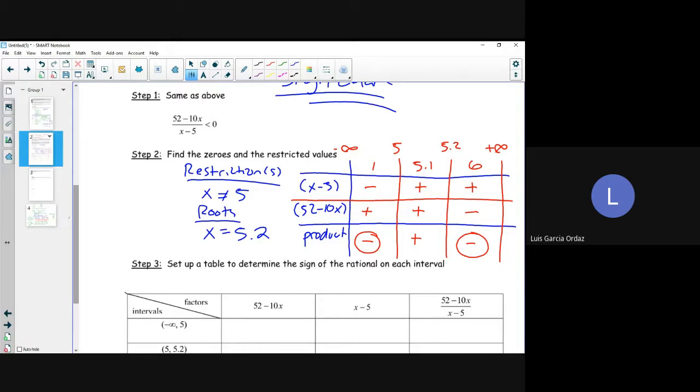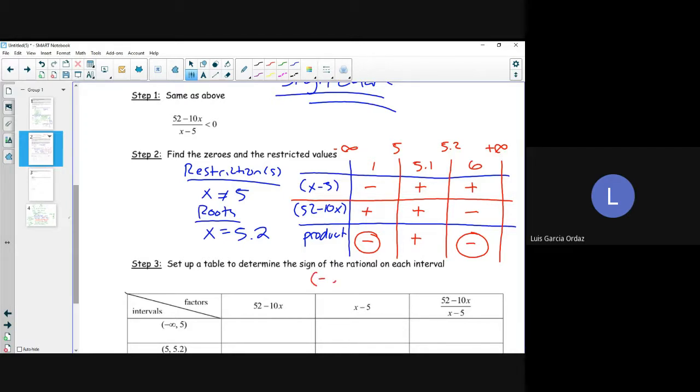So as you can see, if we were to write this in interval notation again, what would our interval notation look like? Our interval notation would look exactly the same.